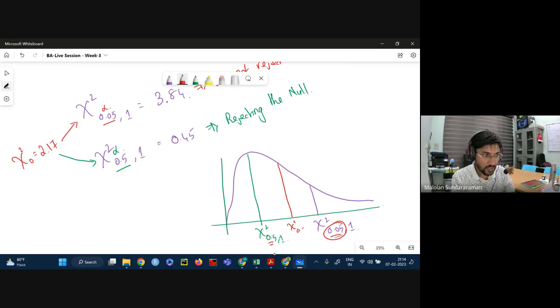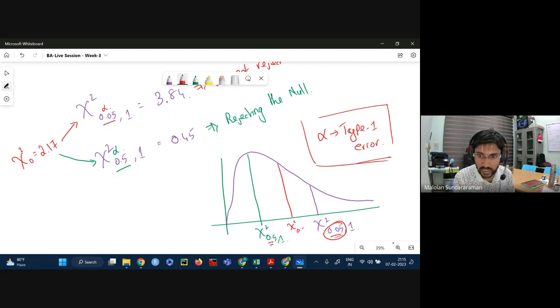Not in scope for us, but just for your knowledge, alpha is basically a measure for your type 1 error. I will not explain it right now, but it's covered in your statistics. Alpha ensures that you avoid type 1 error, and beta ensures that you avoid type 2 error.